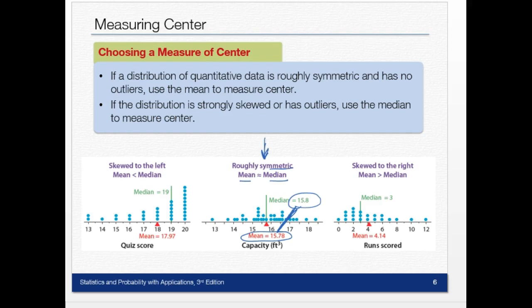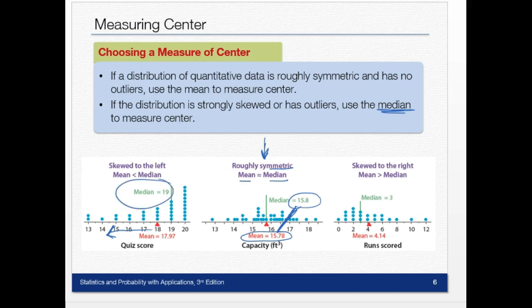Now, if the distribution is strongly skewed or has outliers, we use the median to measure the center. Look what happened here. If this is left skewed, meaning the tail's on the left, the mean, which used to be the same as the median, gets pulled towards the tail. If it's left skewed, it gets pulled down, so it's going to be less than the median. So our better measurement of center is the median if it's skewed.